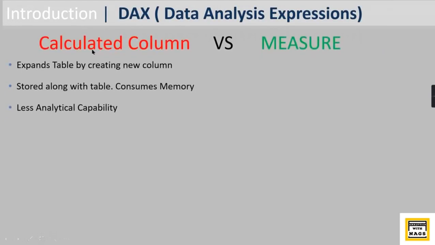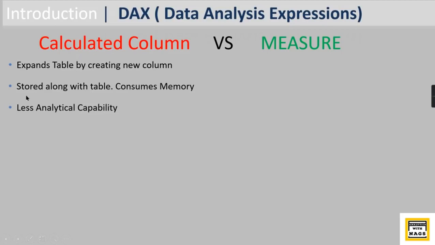Okay, now it's time for us to understand the calculated column versus measure. As we discussed in the previous slide, a calculated column expands the table by creating a new column. When you combine first name and last name, it will create a new column, so it will expand your table.